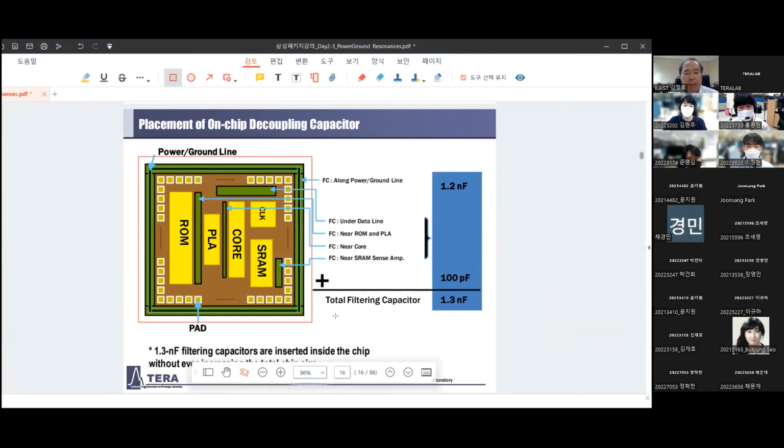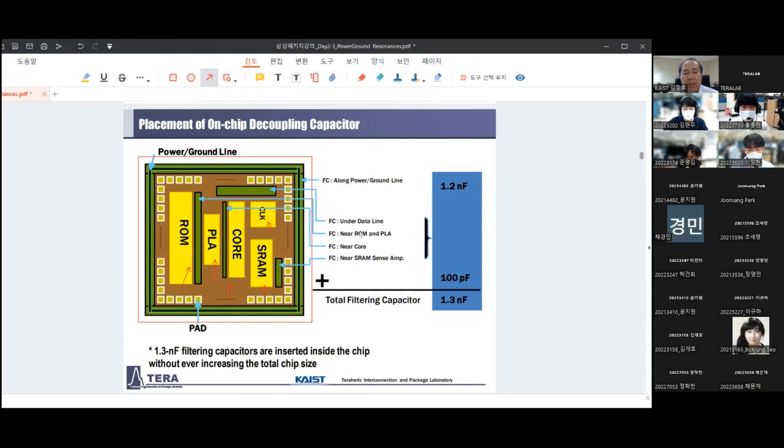There might be many applications that use 8-bit microcontrollers, such as wireless keyboards, refrigerators, and some embedded systems. Inside their chip, they had a digital core, SRAM, clock circuits, PLA, and ROM.